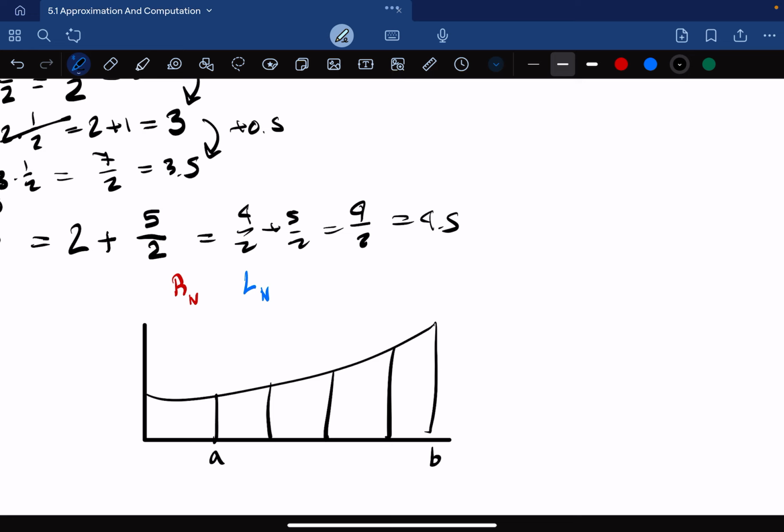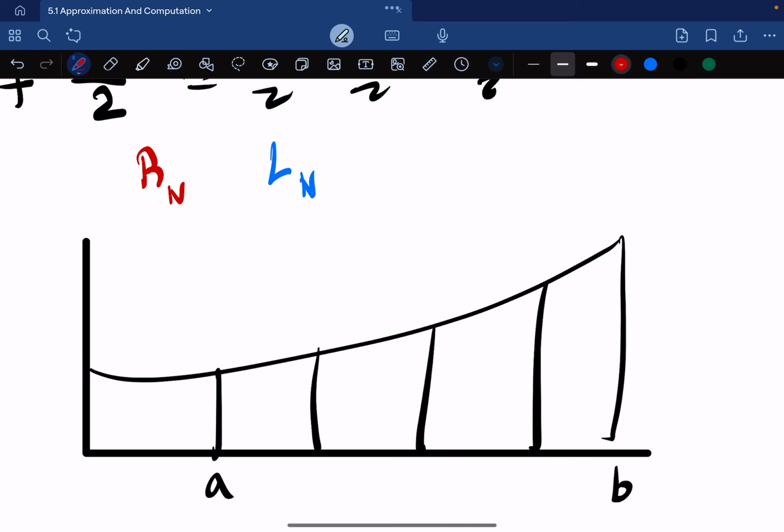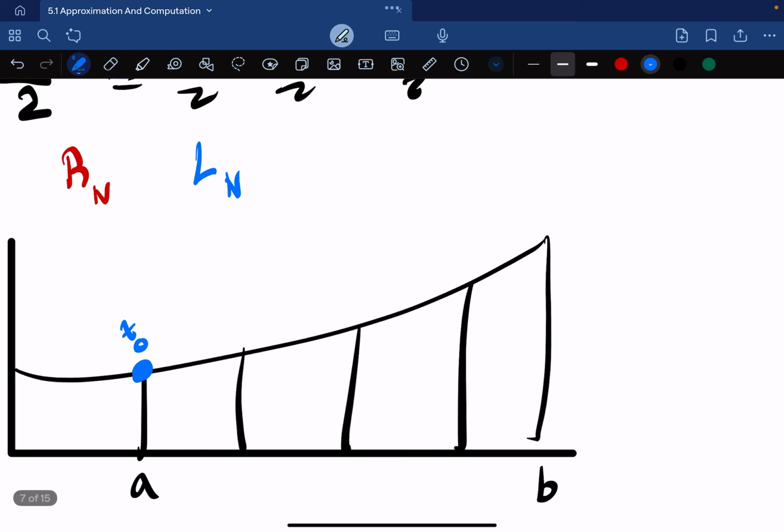So assuming this is A and this is B, our very first left endpoint, x of 0, is going to be there. This one's going to be x of 1. This is going to be x of 2. And then this is going to be our final endpoint because we're only going off of left ends.